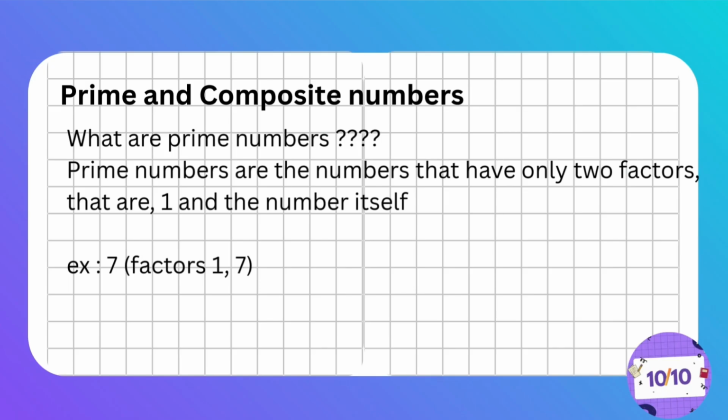For example, 7 has factors 1 and 7. Yes, we know, because 7 is a very famous prime number, and the factors are 7 into 1. That is the only way we can get 7 through a multiplication. Similarly, 13 also does not have any other factor other than 1 and the number itself, that is 13.